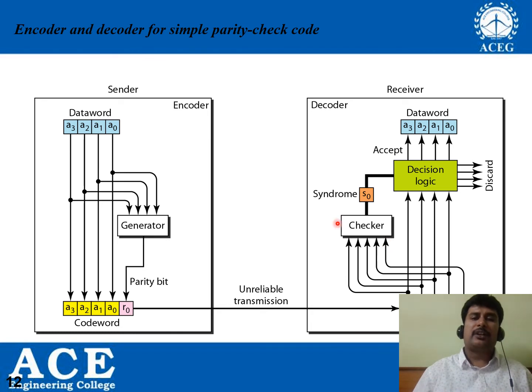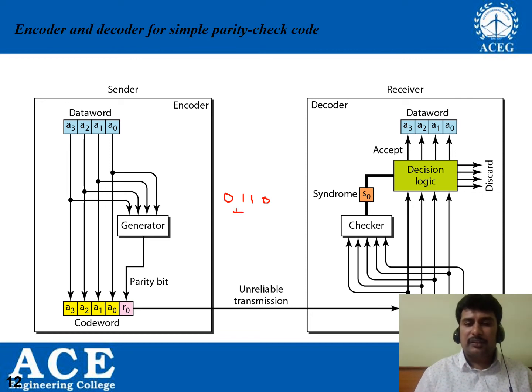Remember, if you require odd parity, the value of the syndrome should be 1, and if you are looking for even parity, the value of the syndrome should be 0. Let me explain why. If I have 0, 1, 1, 0, what is the syndrome value?